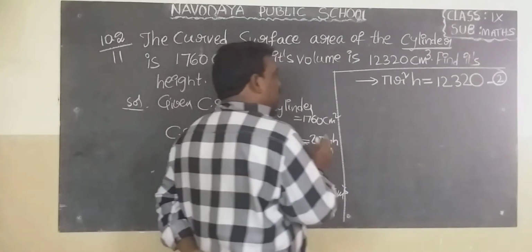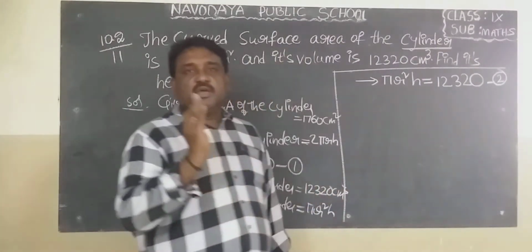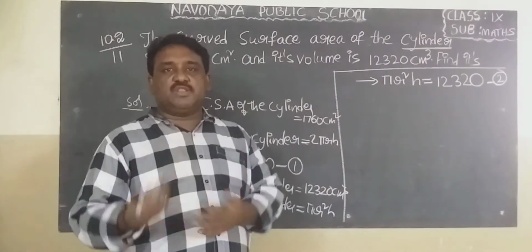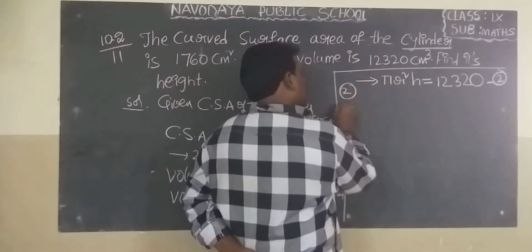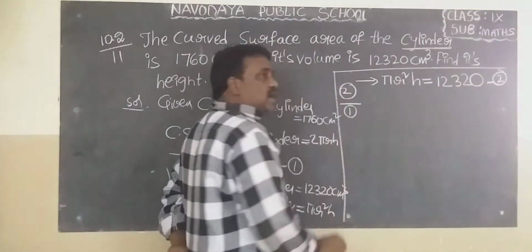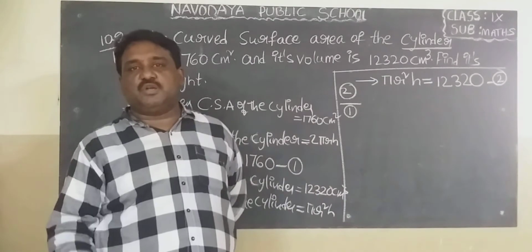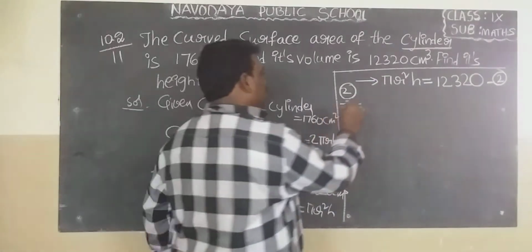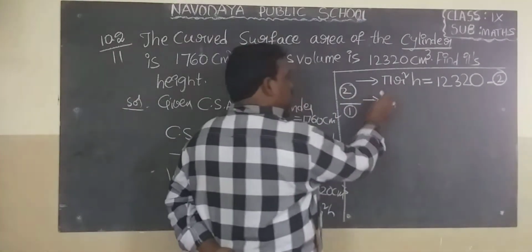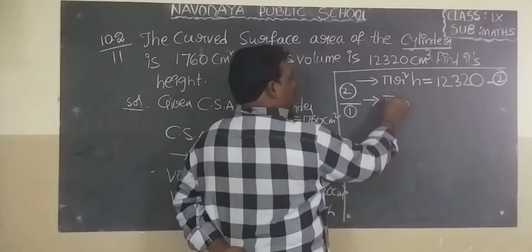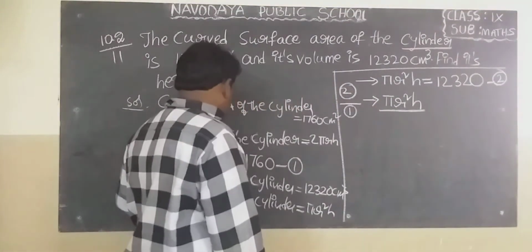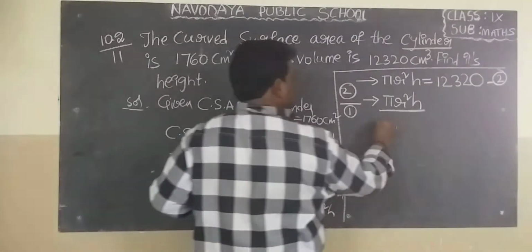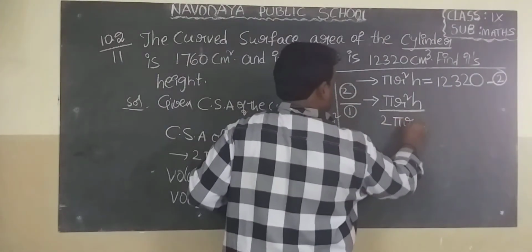Then what to do? Divide either 1 with 2 or 2 with 1. Your wish. So divide 2 with 1. What is equation 2 left hand side? Pi r square h. What is equation 1 left hand side? 2 pi r h.